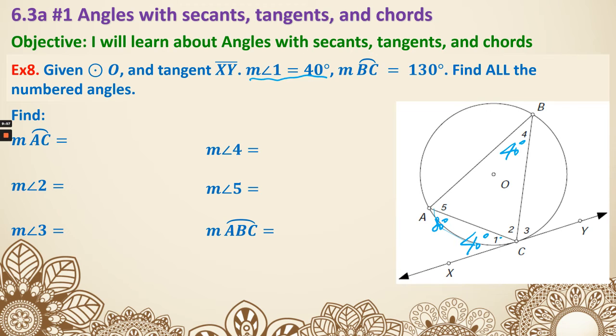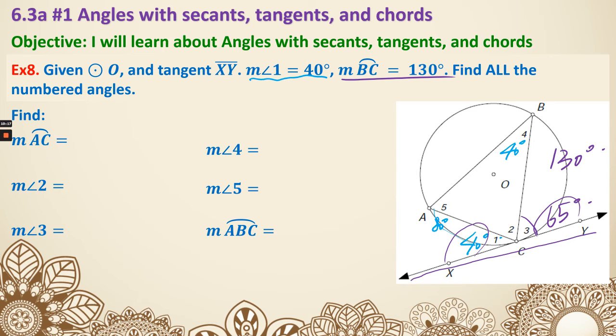Next, arc BC is given as 130 degrees. This is 130 degrees, which means half of that is going to be right here, which is 65 degrees. Now, let's see what else we still need to find. This is a straight line. We already know this is 40 degrees and that is 65 degrees.